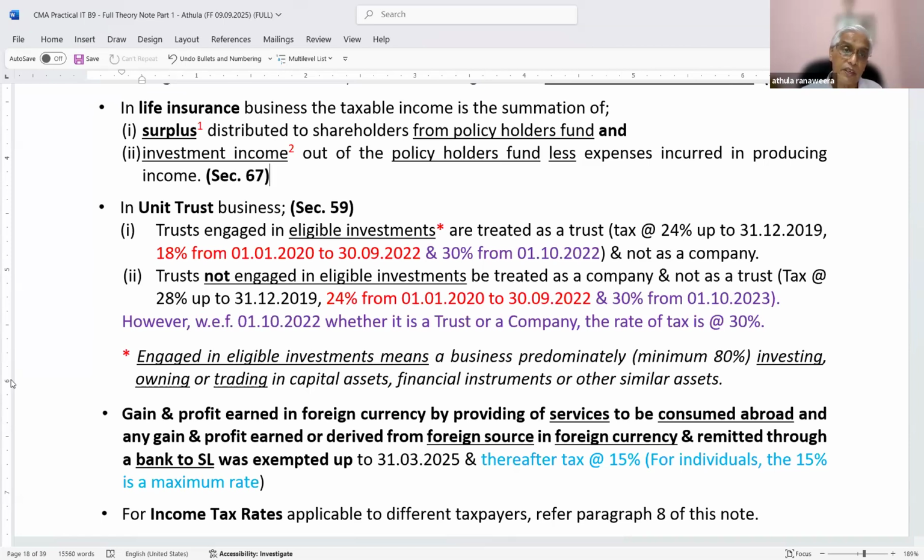Originally, if everybody invested at the beginning 1 million units at 100 rupees each, then the total investment is 100 million. Then in the first year they have done very well. They earn another 12 million.